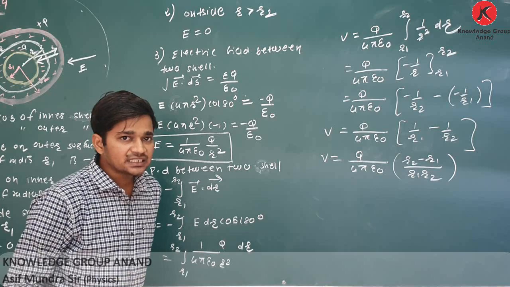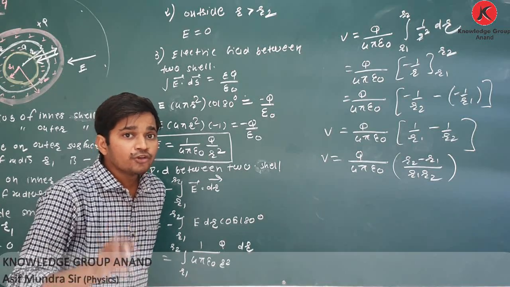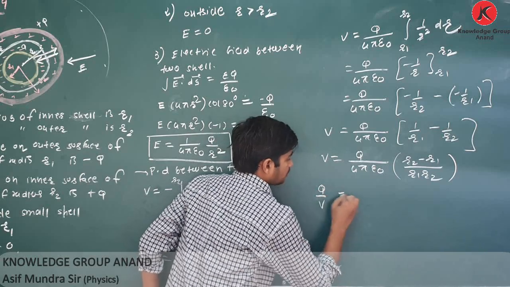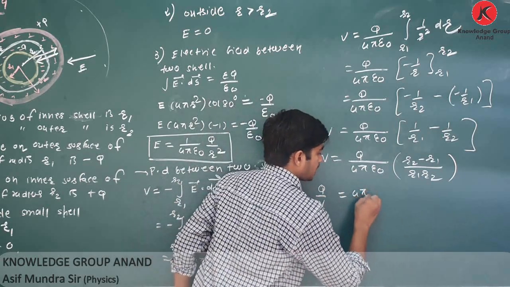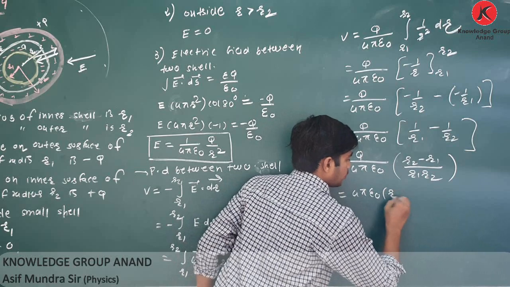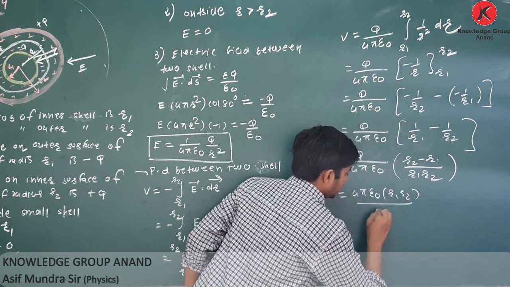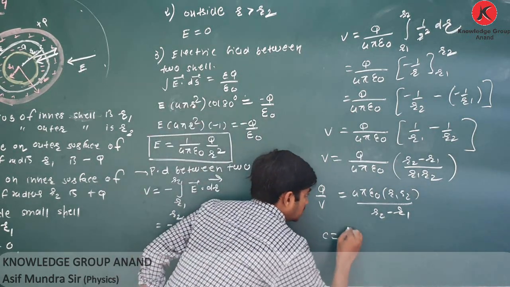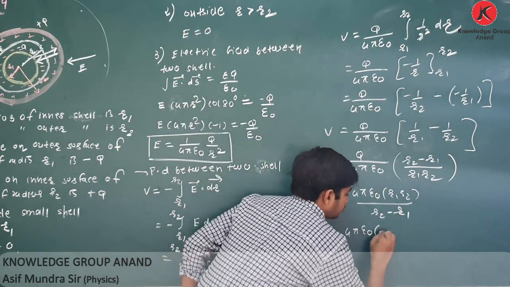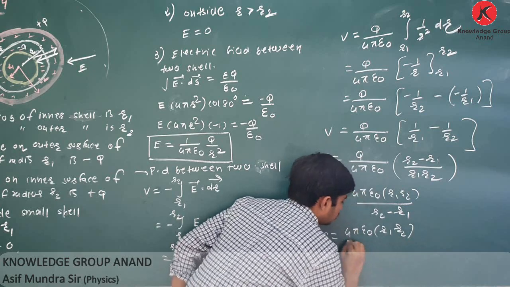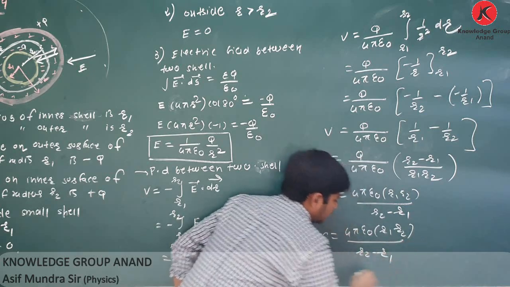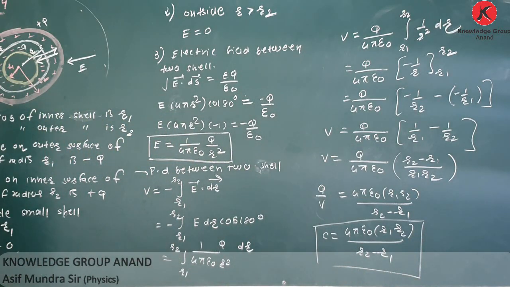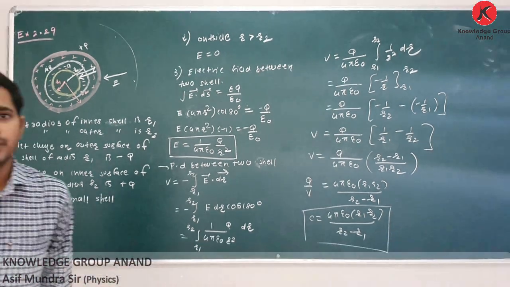We know that capacitance is equal to Q upon V. Making Q upon V the subject, Q upon V is equal to 4 pi epsilon 0 R1 R2 upon R2 minus R1. Q upon V is called capacitance. So C is equal to 4 pi epsilon 0 R1 R2 upon R2 minus R1. This equation you have to remember.